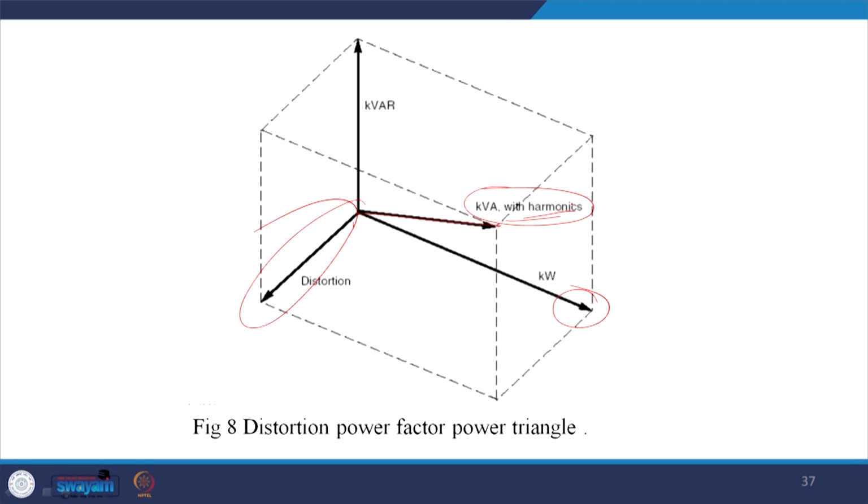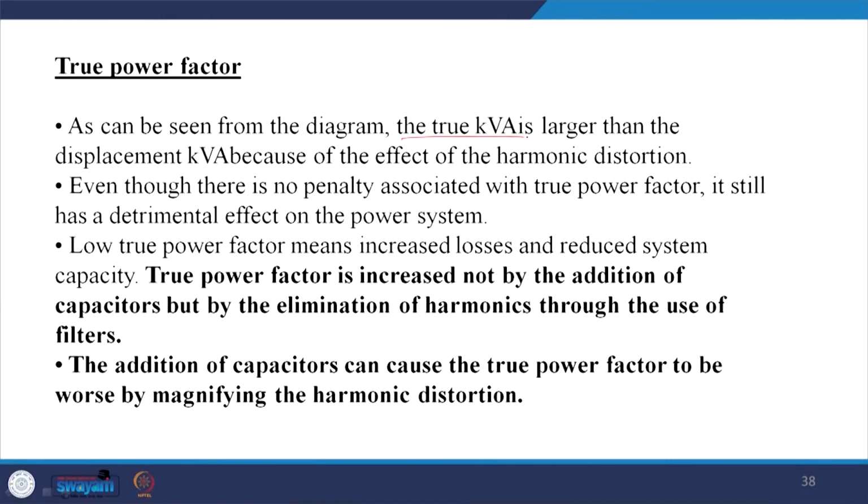So, new definitions come and we have to pay for that power factor also. We require to maintain that power factor also not less than 0.95. As we can see from the diagram, the true kVA is larger than the displacement kVA because of the effect of the harmonic distortion.